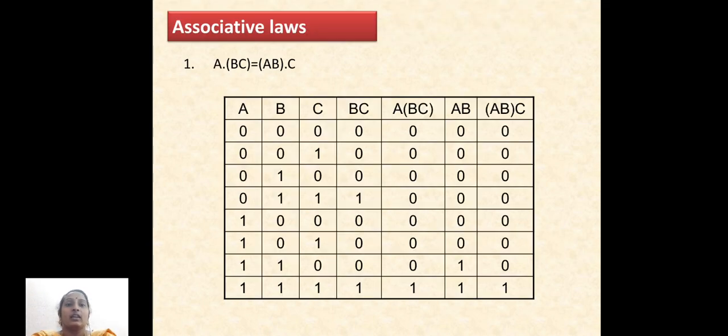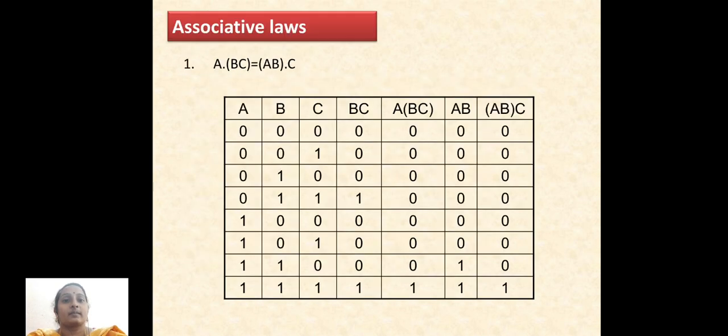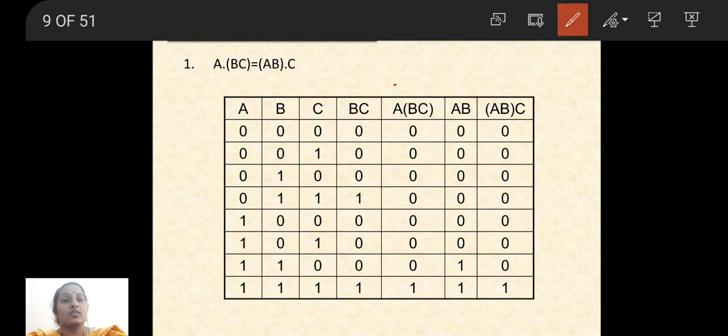And while coming to the proof of the associative law, a into bc is equal to ab into c. Here this is LHS and this one is RHS. So this row indicates LHS and this row indicates RHS.